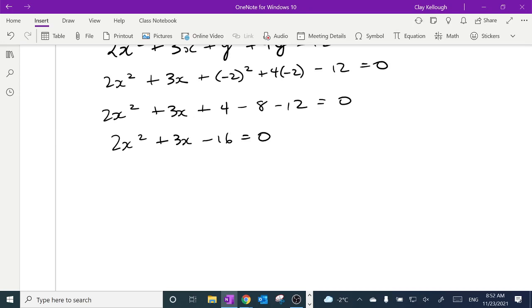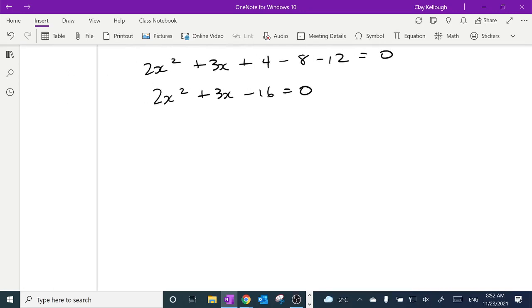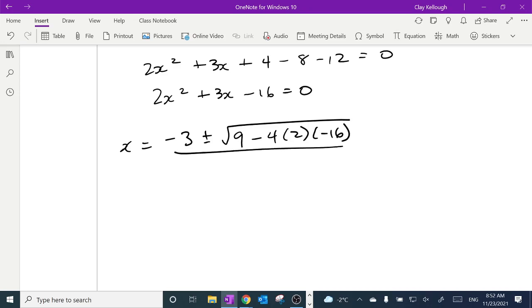I'm afraid we're going to have to go back to either completing the square and solving or the quadratic formula. I choose the quadratic formula. So in this case, x equals minus b plus or minus the square root of b squared minus 4ac, all over 2a.